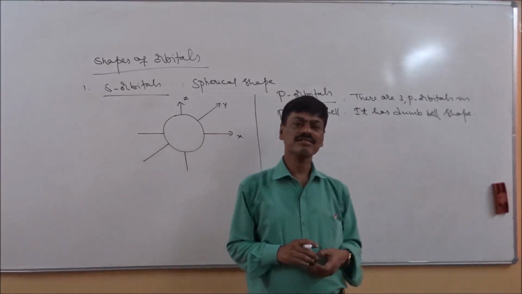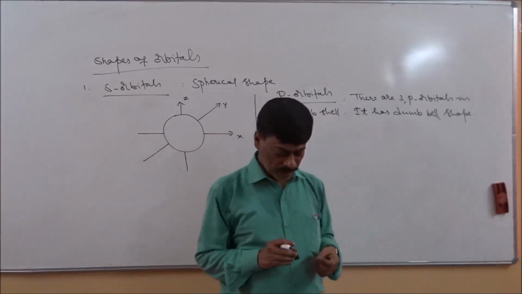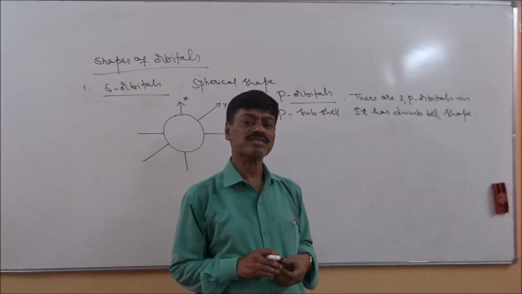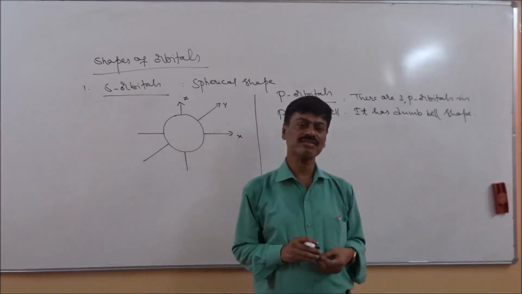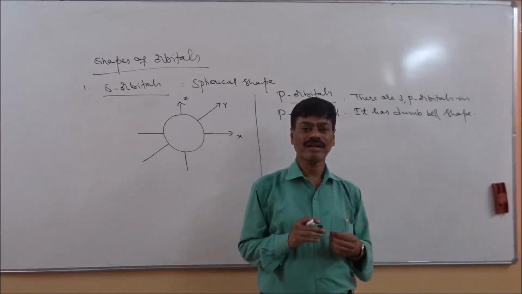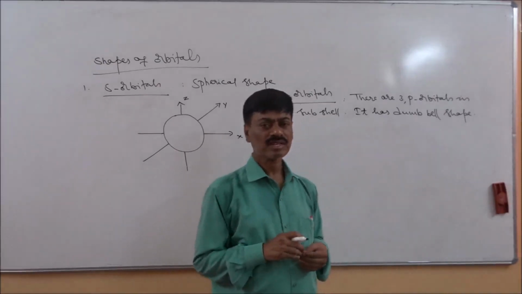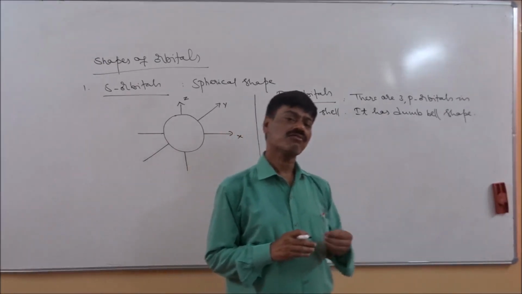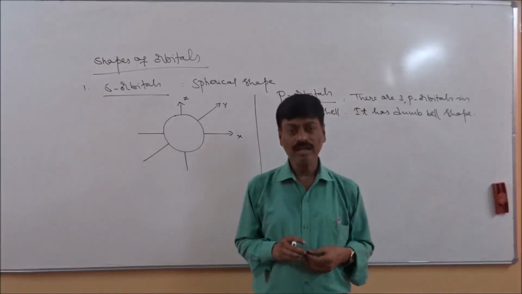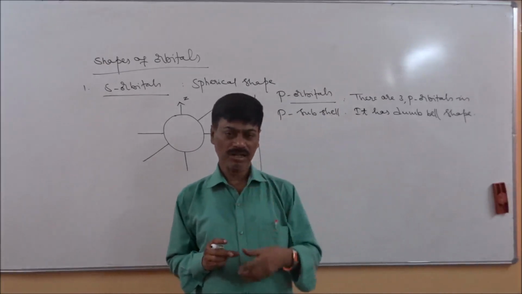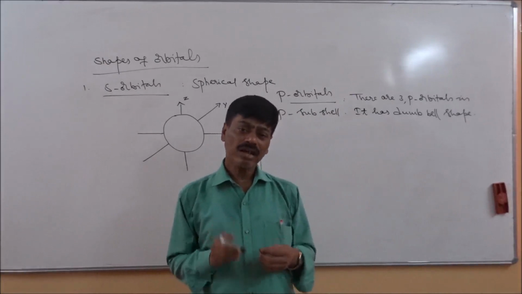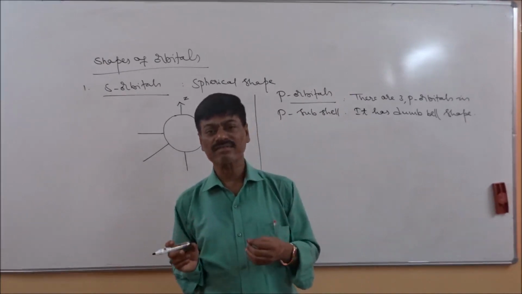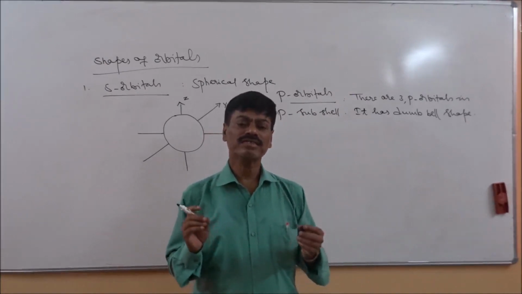There are three axes, x, y, z. If dumbbell is shown over x axis, then it is said to be px orbital. If dumbbell is shown over y axis, then it is said to be py orbital. If dumbbell is shown over z axis, then it is said to be pz orbital.